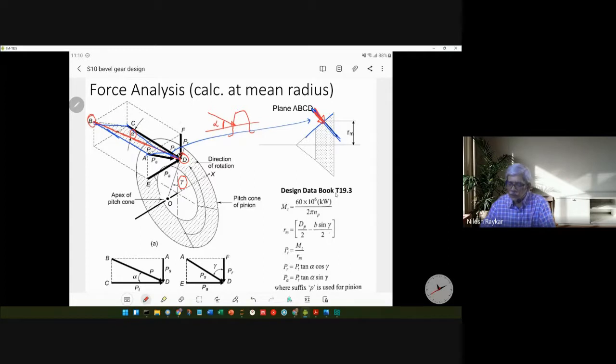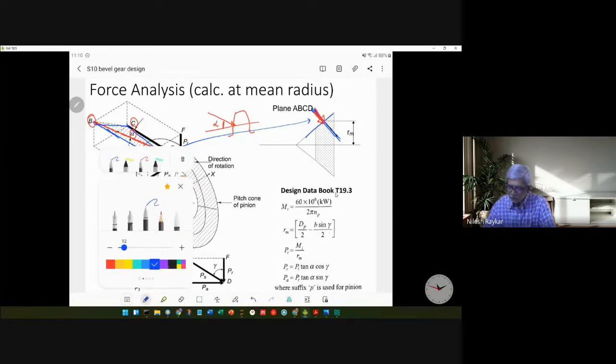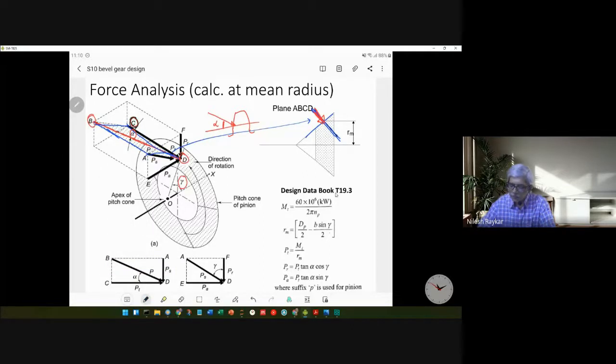One force is tangent to the gear tooth, that is force CD. The CD is nothing but the tangential force, and the other component is known as the sliding force. So the net force can be resolved into a tangential force and a sliding force.